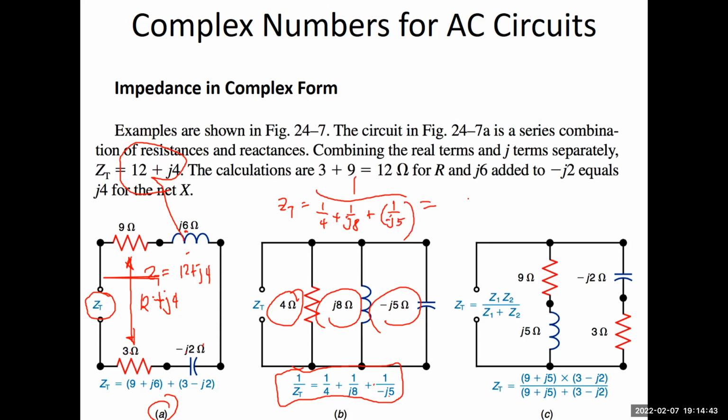So that means this is 1 all over 1 over 4 plus 1 all over j8 minus 1 over j5.